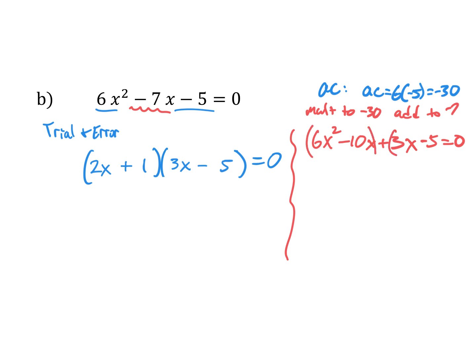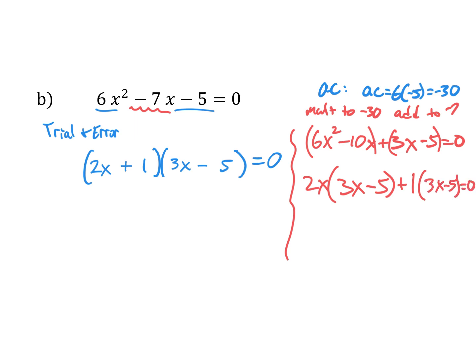So we're going to group these into 2 parts and pull out a common factor. What's a common factor here? Well, there's a 2 in both and there's an x, so 2x, and that gives us 3x minus 5. Now here, I've got to pull something out, so I can pull out a 1. That seems kind of silly, but you'll see why.